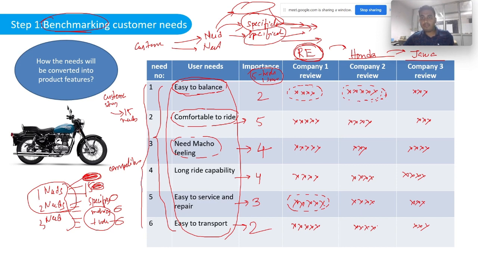And now some of these needs, like the rest, 7 to 15, can negatively impact some other needs. For example, if you say easy to balance, it may actually counter something like high speed.